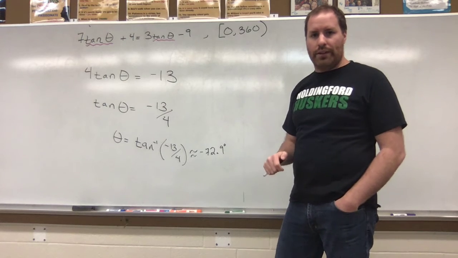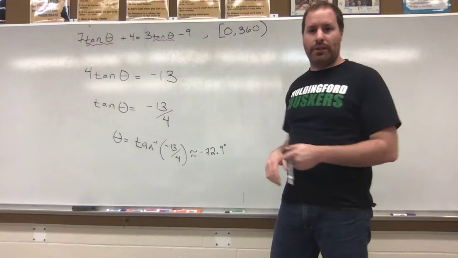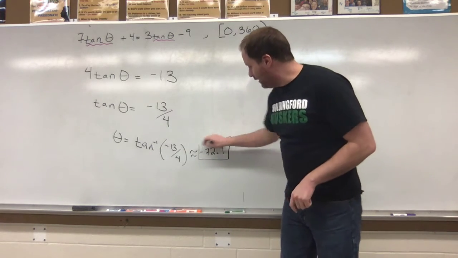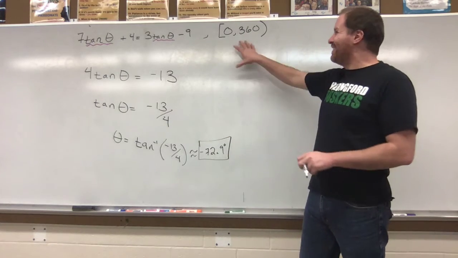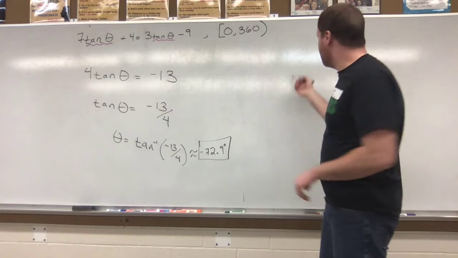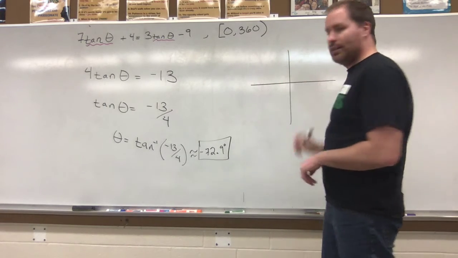So we have to adjust that angle so that it's in between there, and that's where we can get multiple possibilities. So yes, this is a possible answer, but it doesn't fit in this parameter. To make that adjustment, I'm going to draw out where these are possible, right?